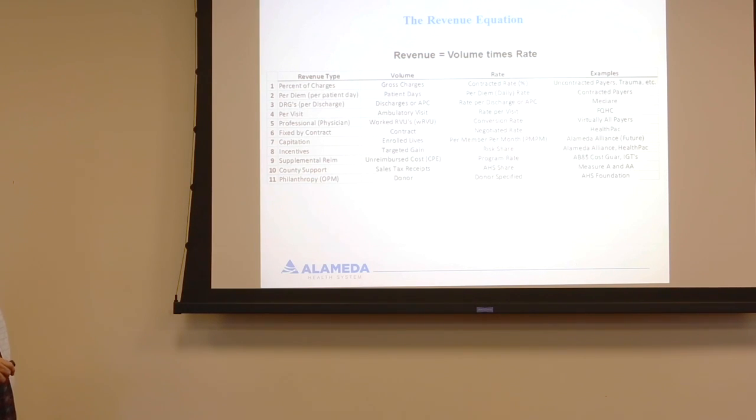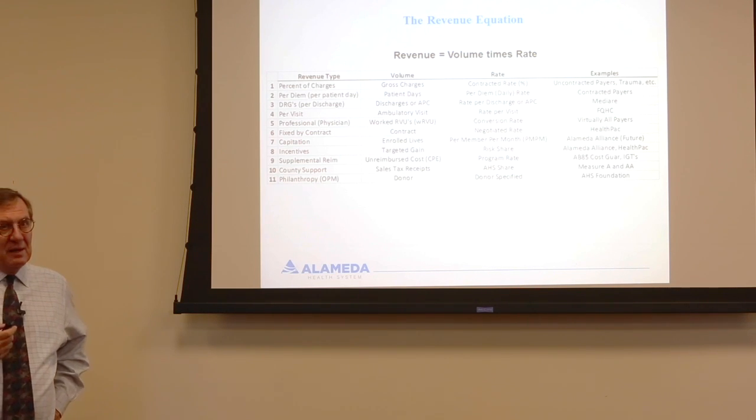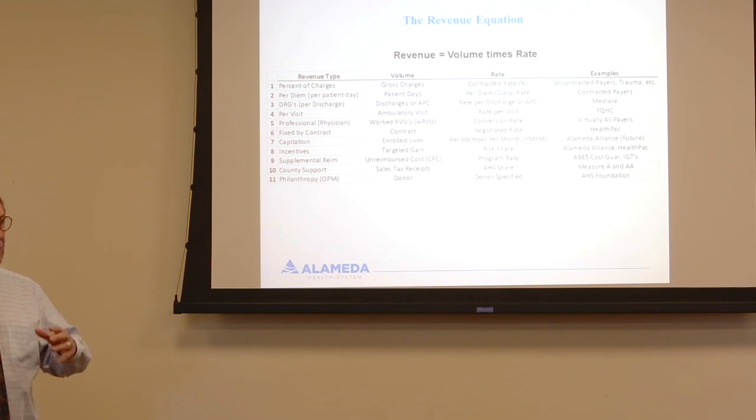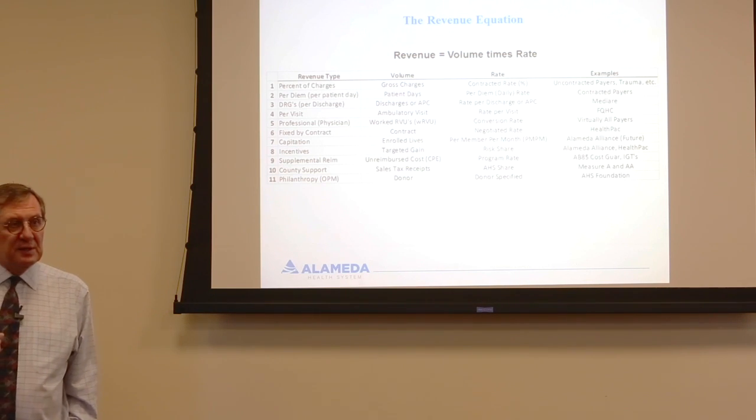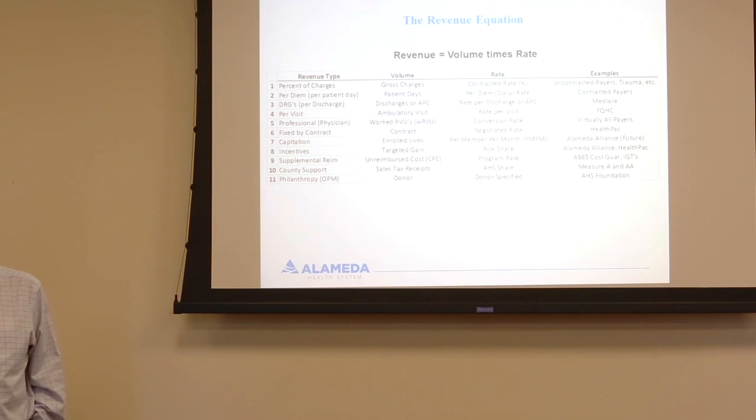Okay, then you have something called capitation. Capitation is taking financial risk for blocks of population. Actually, it's very similar to a fixed contract, but in this case, the units are going to be something called an enrolled life. So that is a person who has signed up with a health plan.